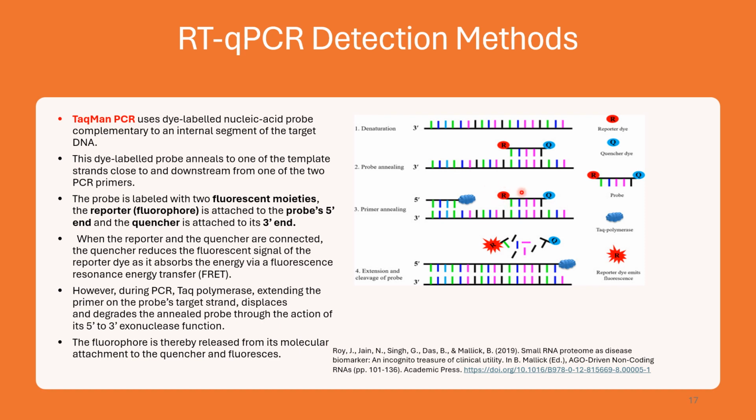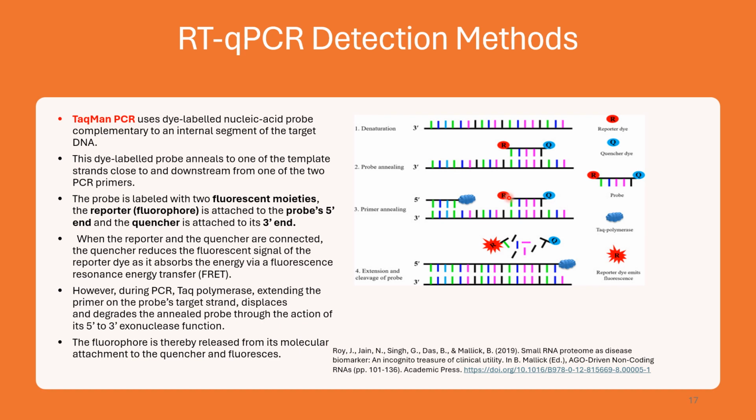The reporter fluorophore is attached to the probe's 5' end and the quencher is attached to the 3' end. When the reporter and quencher are connected, the quencher reduces the fluorescence of the reporter dye as it absorbs energy via fluorescence resonance energy transfer, FRET.